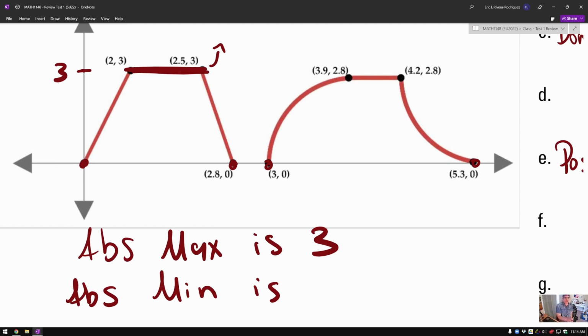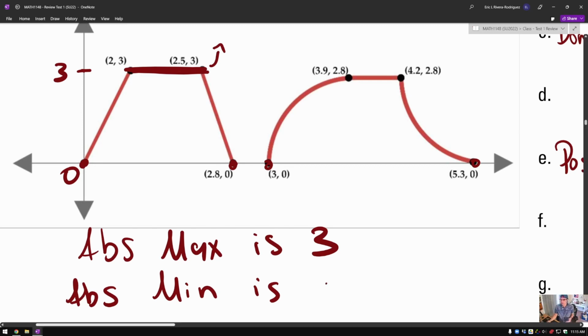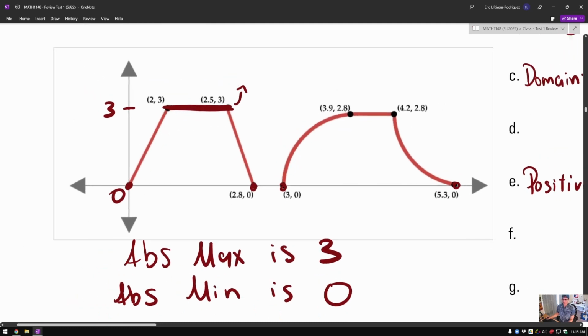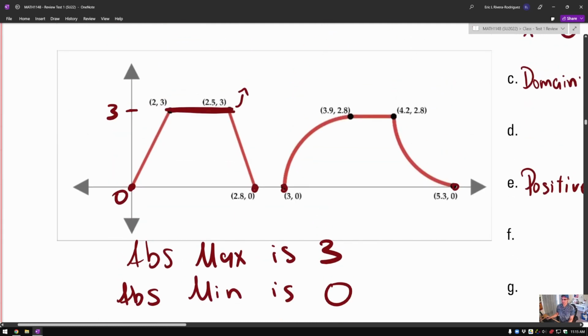We just care about the value of those points that are at the lowest. The y value at those points is the same, it is 0. So the absolute minimum value is just 0. Now, that is for the absolute maximum and minimum value, right?